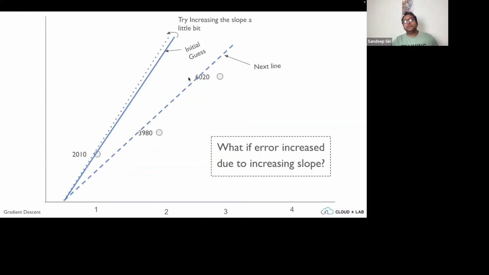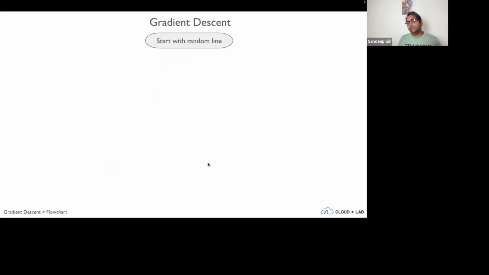All right. The same thing explained again. If your initial guess was, let's say this one, you tried increasing the slope a little bit and observe, oh, the error has increased. So you go back, bring it down. And that's what you keep on trying.